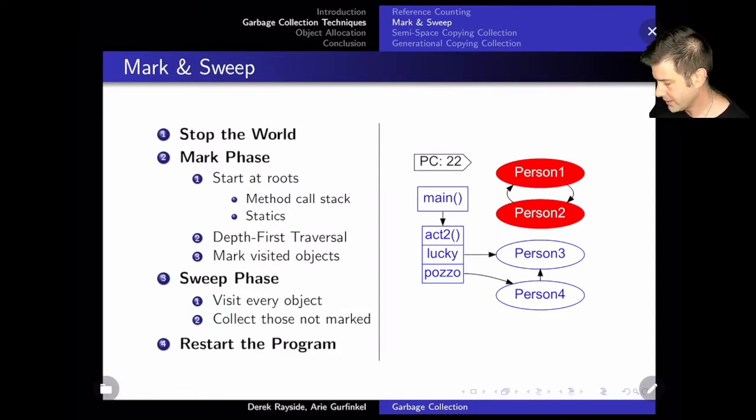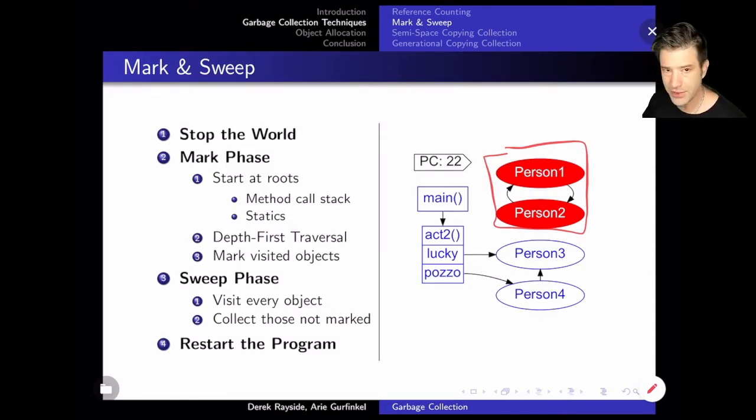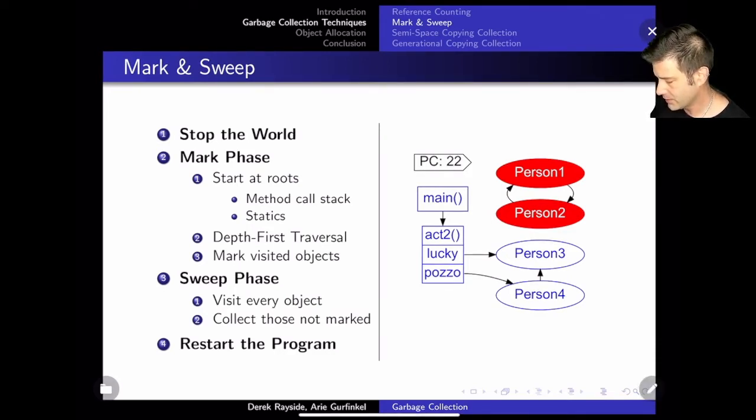We then run a sweep phase where we go through the list of all objects that we allocated, and check which of them are marked blue. We find these 2 objects in red which are not marked blue, and we call free on them to delete them from memory. So simple, and it deals with the problem of cycles.